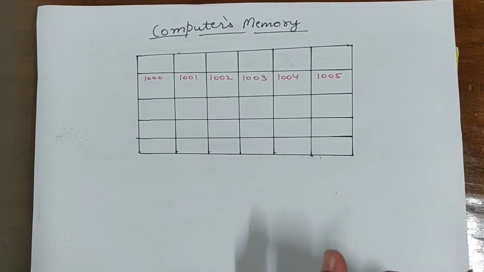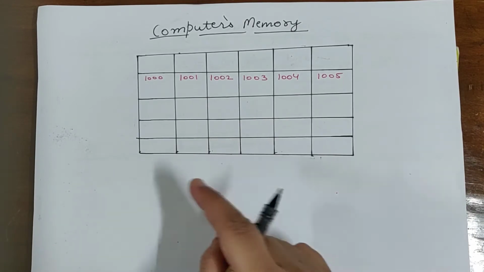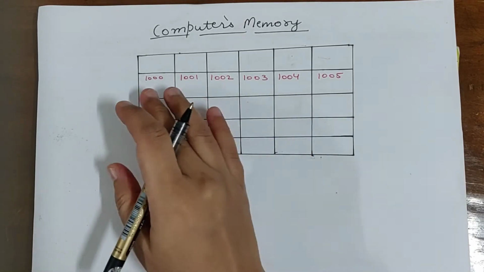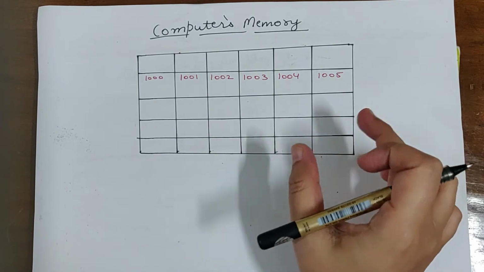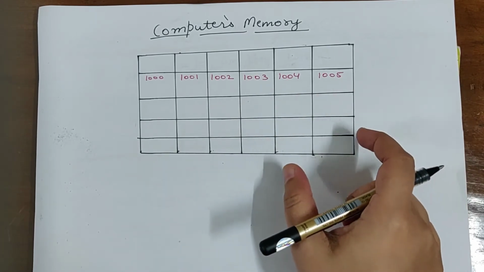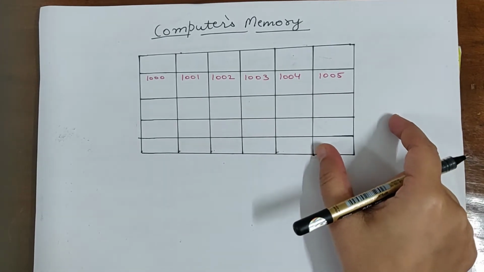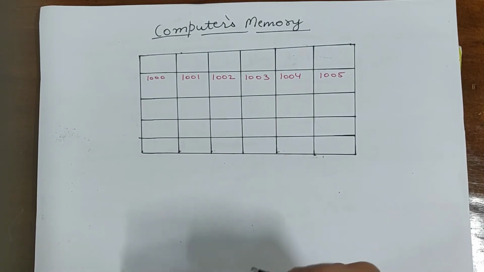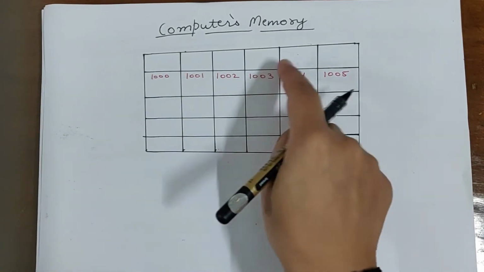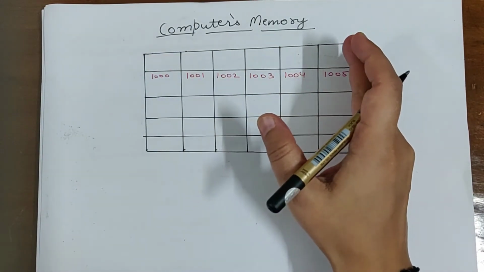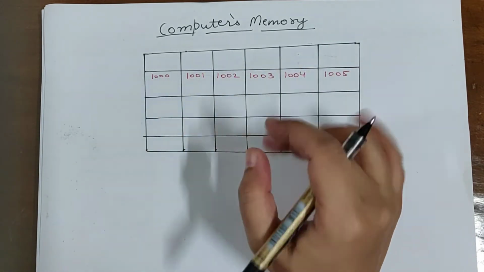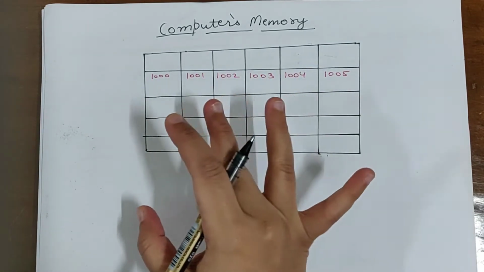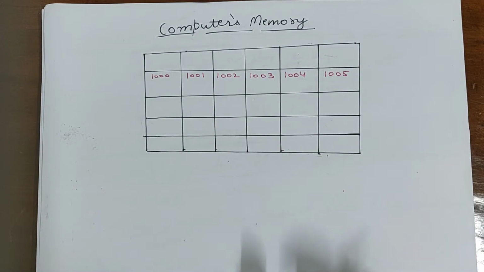If I store the roll numbers in sequential order in contiguous memory locations, then that type of data structure is known as array data structure. That means I am using array data structure.